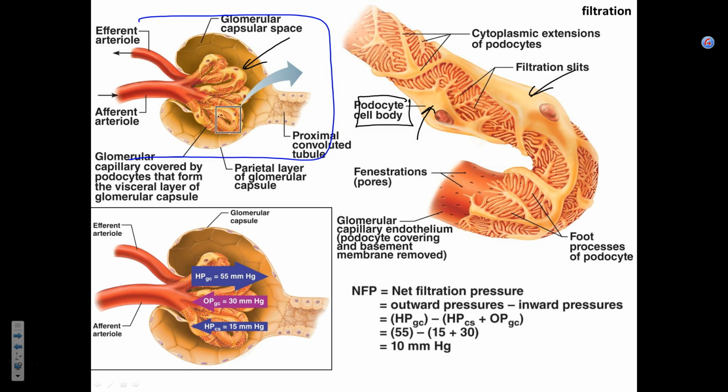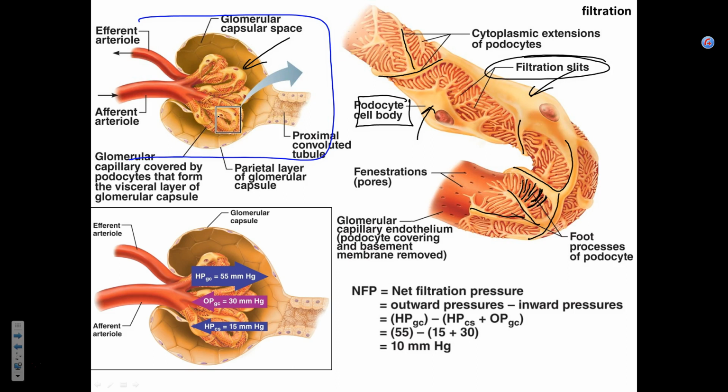So these cells extend all around the capillaries, okay? Does that make sense? They surround the capillaries, and these extensions eventually branch even further, forming so-called foot processes. And you can see that the foot processes of the podocytes are separated by very narrow slits that are called filtration slits.